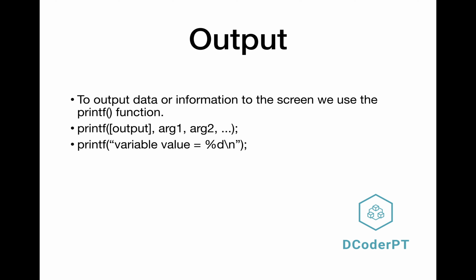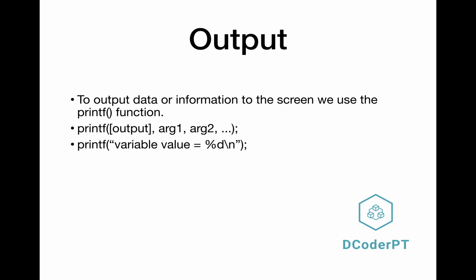And as we saw already many times in the videos, and even now on the first slide, the way we print data to the screen is by using the function printf. Printf is a function of the stdio library that we include, and it allows us to print messages to the screen.